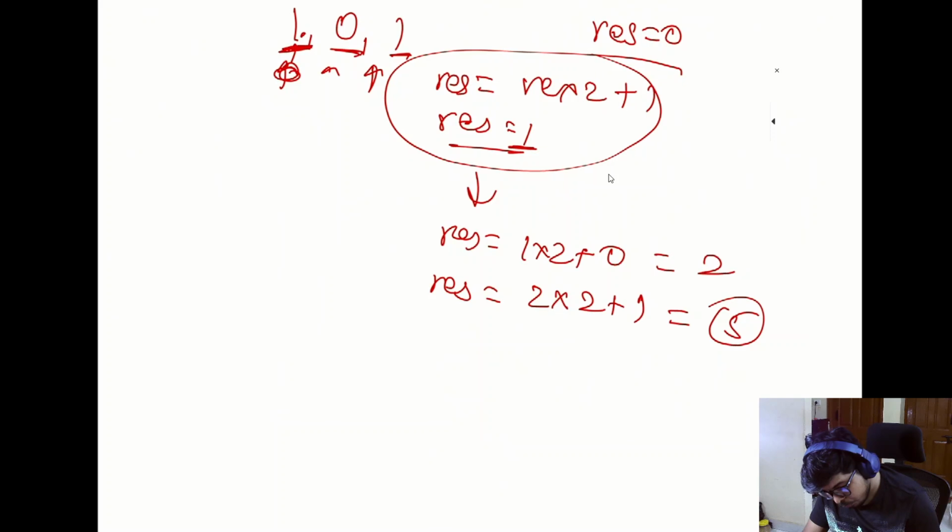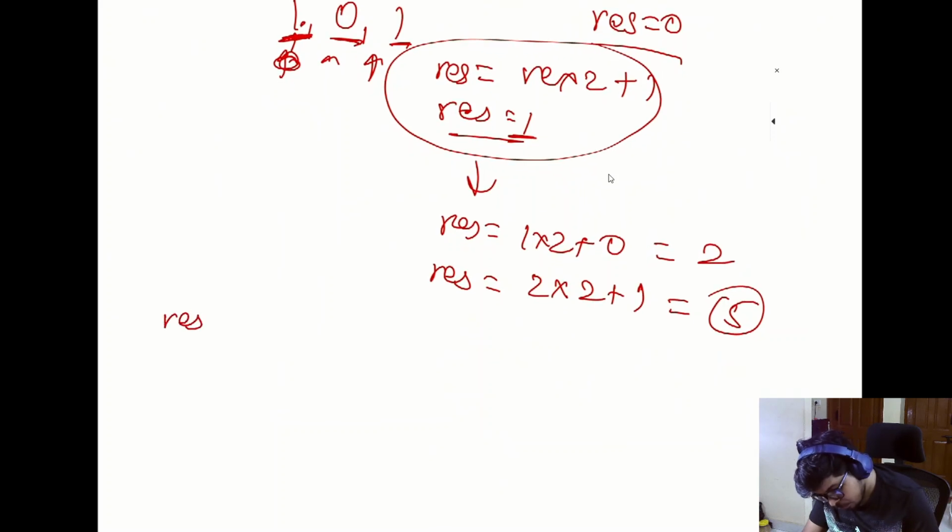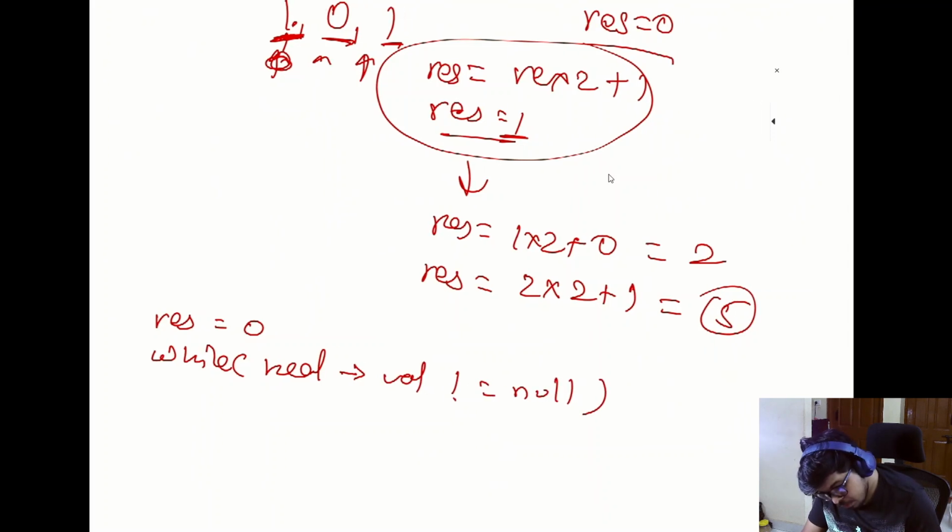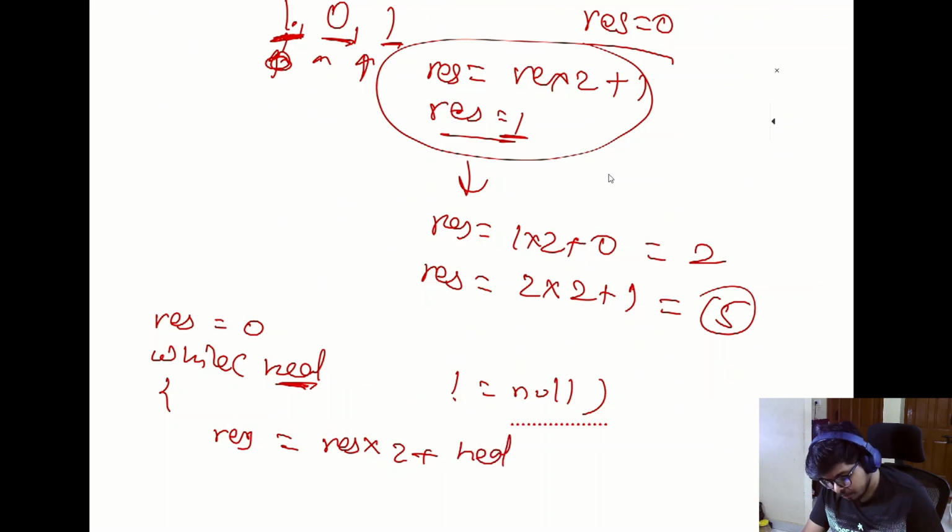So what we can do is initially run one while loop. Res is equal to 0, while head is not equal to null. I am just writing pseudocode. What we can do is directly take it as res into 2 plus the value of this one. I am not taking head val, it will be directly head is not equal to null.